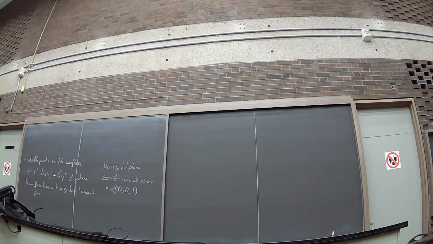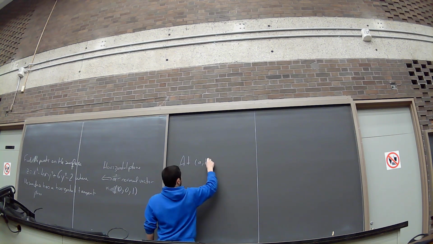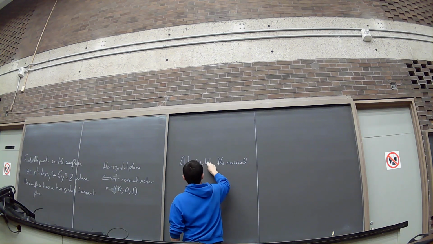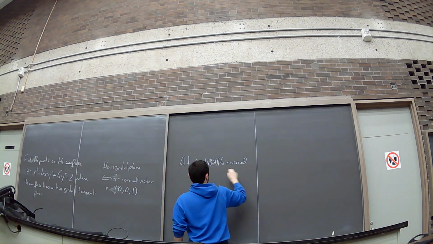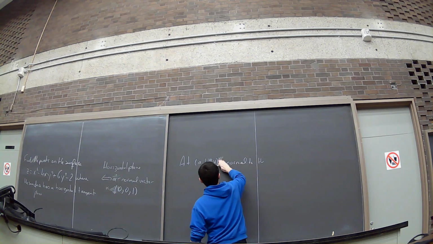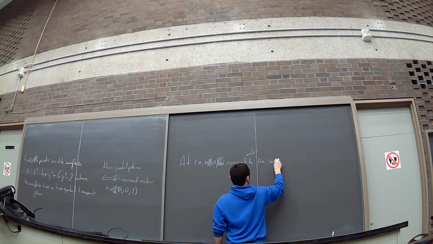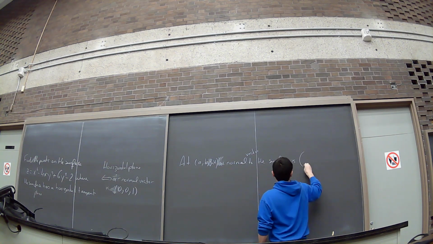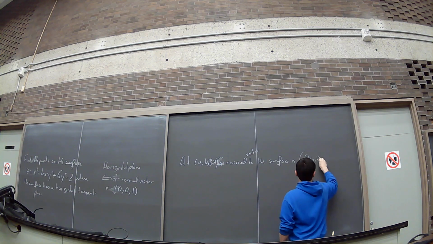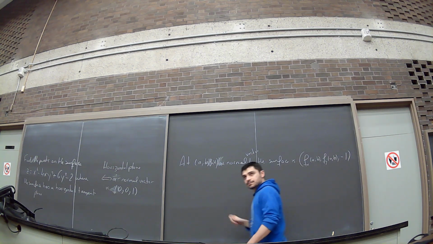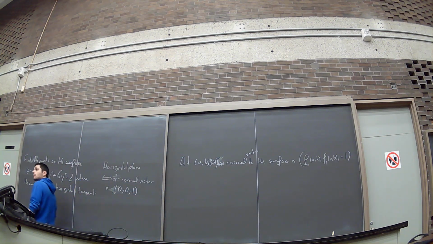We agree or not? At the point (a, b), a normal vector to the surface is (fx(a,b), fy(a,b), minus 1). We agree or not? Yes or no?